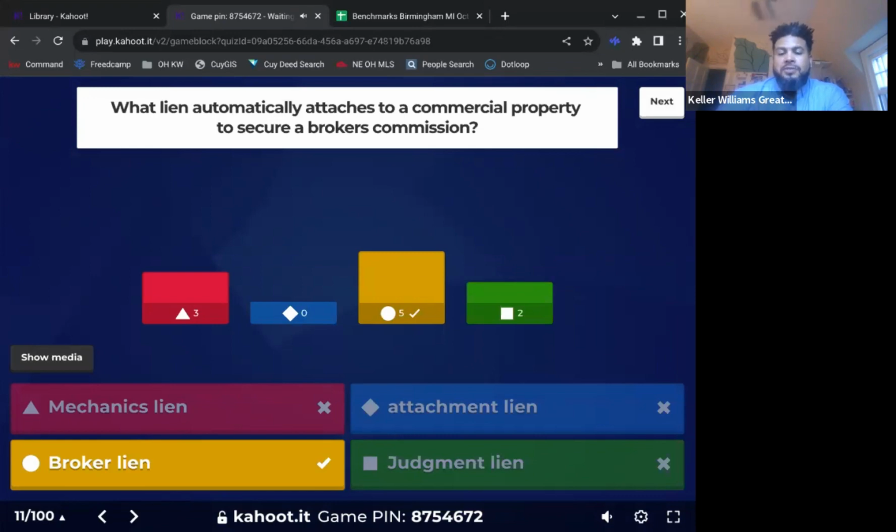And follow-up question, can a broker's lien be put on residential property? I'll keep an eye on the chat, or you can take yourself off mute. Can a broker's lien be put on residential property?